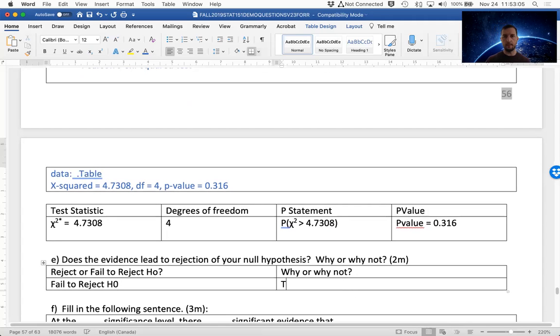This is because the p-value is greater than alpha.